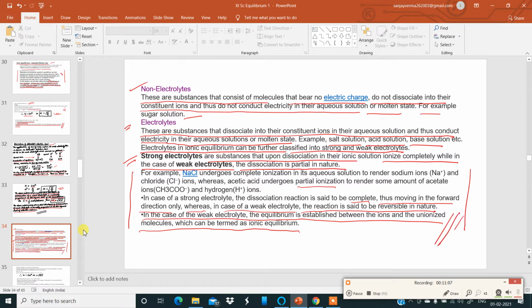So here is what we are going to discuss in this chapter. The equilibrium that is established between the ions and the unionized molecules is termed as ionic equilibrium, which is the second part of this chapter.